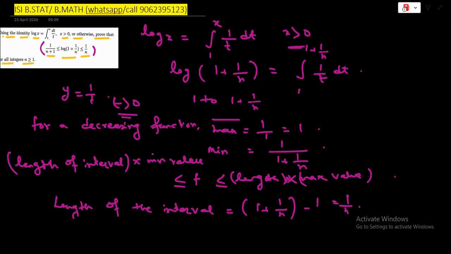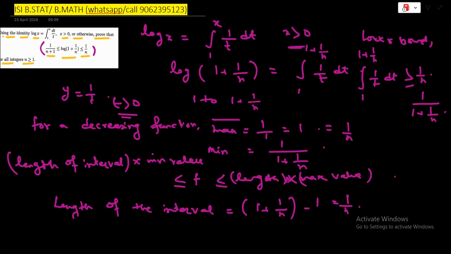And the lower bound is like integration 1 to 1 plus 1 by n of 1 by t dt is greater than or equal to 1 by n into 1 by 1 plus 1 by n. Now simplify, so we get 1 by n into n by n plus 1, which is equal to 1 by n plus 1.